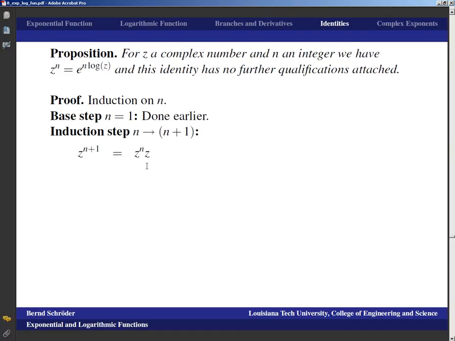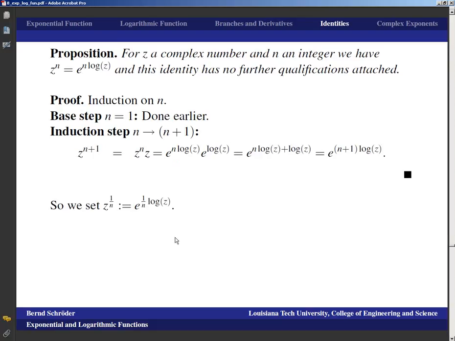This is z to the n times z, which is e to the n log z, e to the log z. We know that this works for the addition for the exponential function, so this is e to the n log z plus log z, which is e to the n plus 1 log z, which is exactly what we wanted it to be, so that ends that proof here.